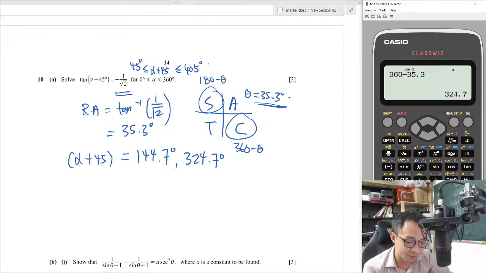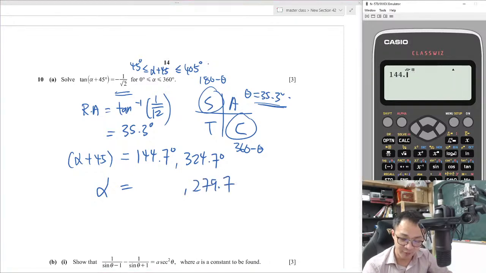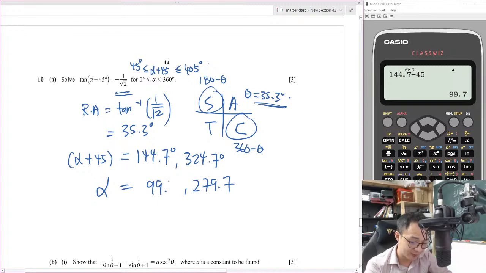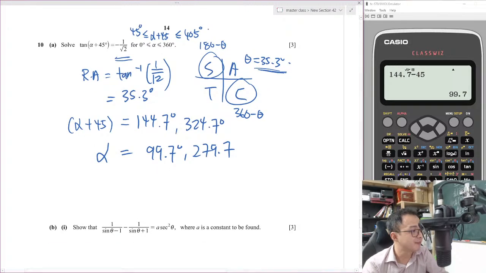If I rotate a second round, I also cannot get a value within 405. So basically this one will be your answer. Your final theta is just both answers minus 45. So 144.7 minus 45, I should have 99.7. This one will be my answer here.